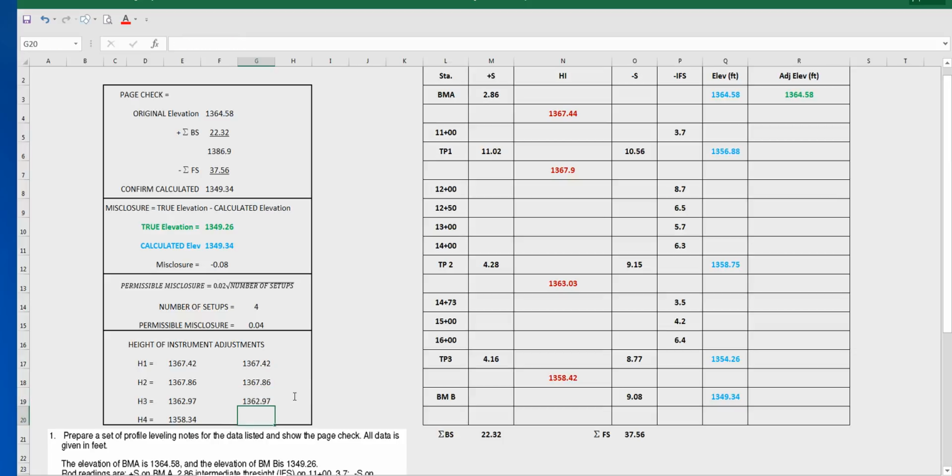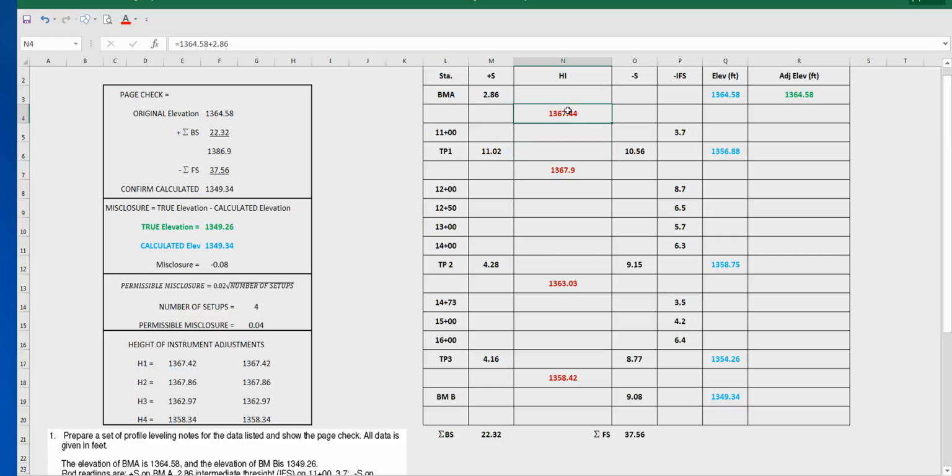And lastly, the last HI was 1358.42 minus 0.08 times 4 over 4. Okay? So I wanted to show you how I got these values.